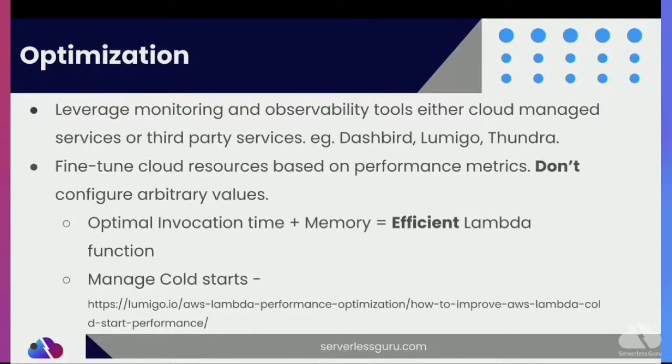Fine tuning, like I said, is only based on the values that you can gather from the observability tools. So you don't want to guess the numbers that you assign for your functions because every service is different. And so fine tuning is an iterative process that never really stops.